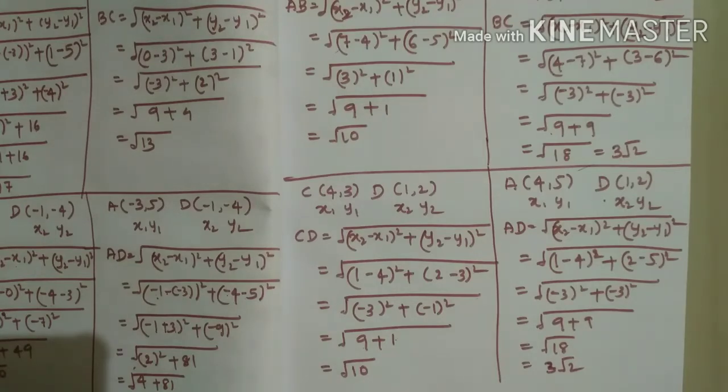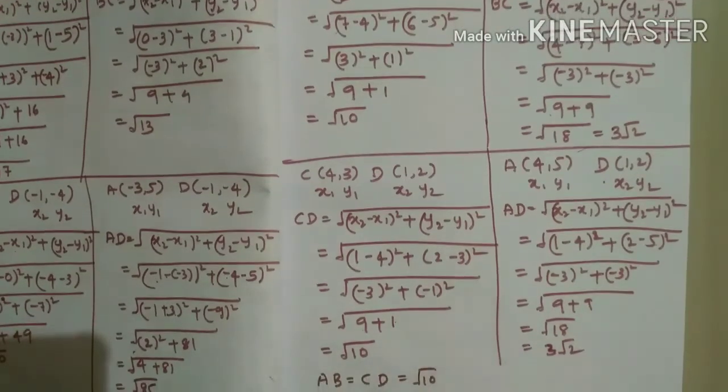Just observe in this quadrilateral, you got two sides equal. AB is equal to CD, which is root 10, and you got BC is equal to AD, which is 3 root 2.